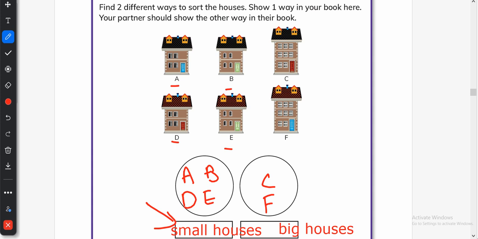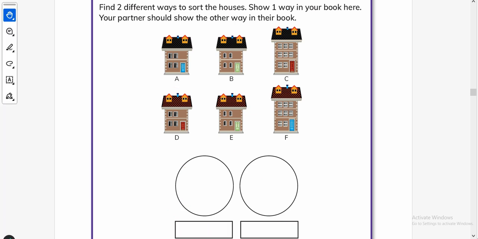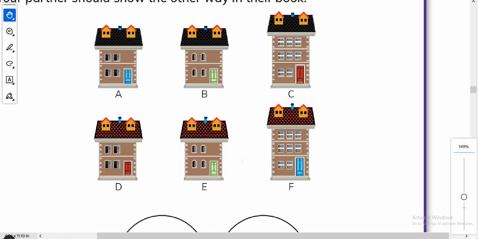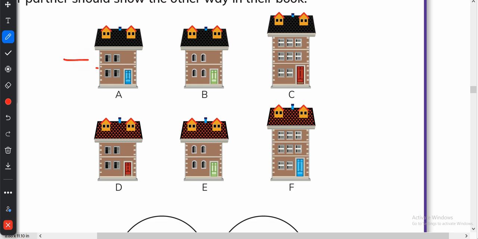Okay, and what other way can you sort them? There is one more way. Look at the windows of these houses. All of these houses have windows, and the windows of this house have straight lines, but only this house has windows with curved edges, curved sides, right?